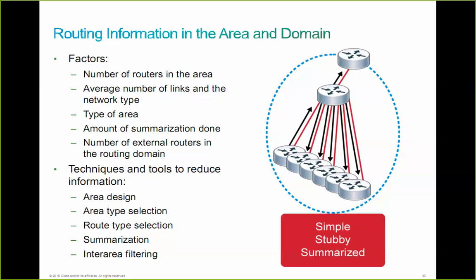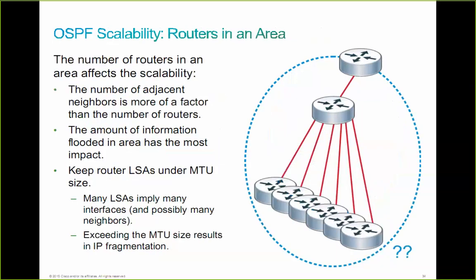Another scalability factor that we have to consider with OSPF is the number of adjacent neighbors. All right? In fact, I would say, and I think most people would agree, that the number of adjacent neighbors is far more impactful than the total number of routers in an area, particularly on a particular router, right? The most important consideration is the amount of information that has to be flooded within the area. All right, sounds fair.